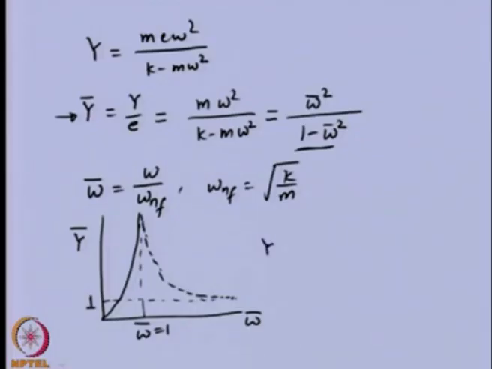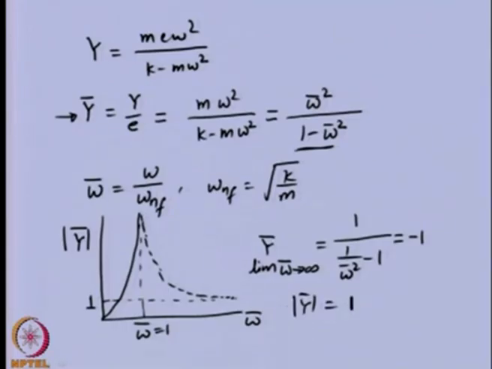Because when we put the limit omega bar equal to infinity in y bar, you can see from the above expression that it can be written as 1 by omega bar square minus 1, that is equal to minus 1. So, basically I have drawn the mod of that, so the value is positive 1.